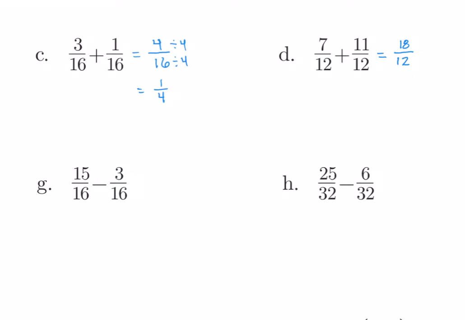And so it's up to you how you want to do it. It doesn't matter either way. Me personally, I always like simplifying first. That way when I do my long division, my numbers are a little bit more reasonable. Both of these numbers are divisible by 6. And if we divide by 6, we get 3 over 2.